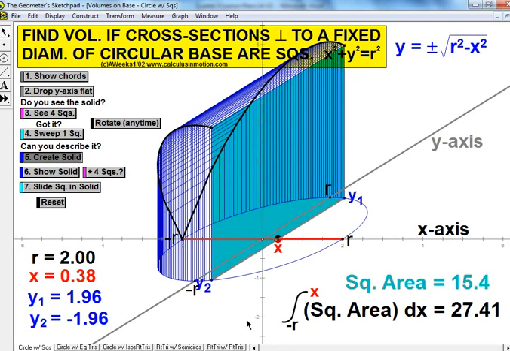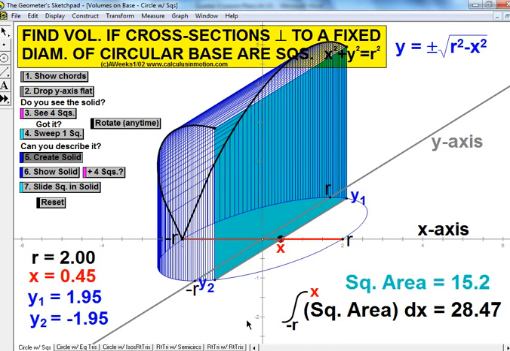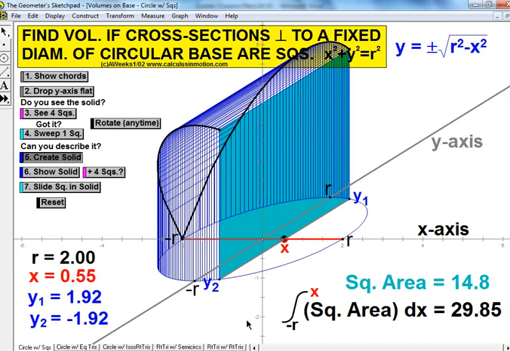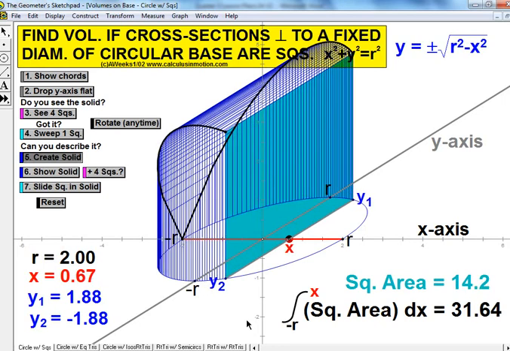Okay, this is what the solid looks like. I don't know, it reminds me of a spring roll or something.